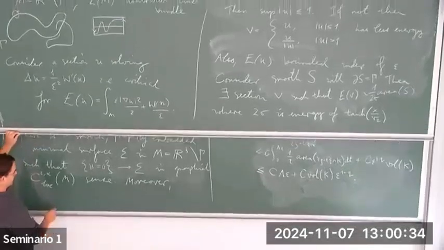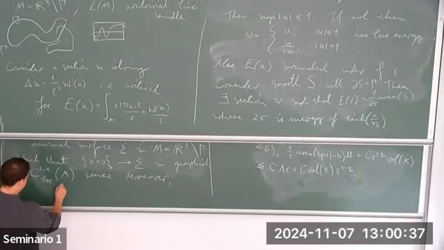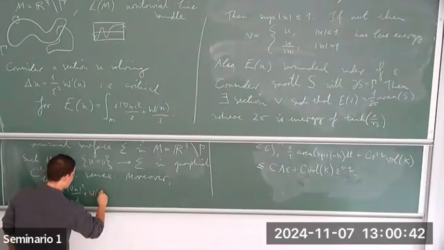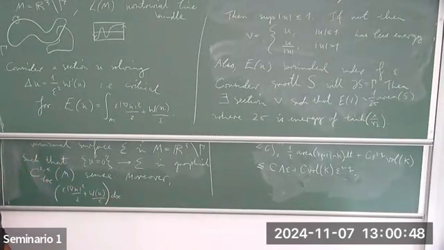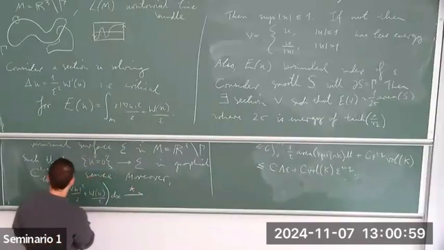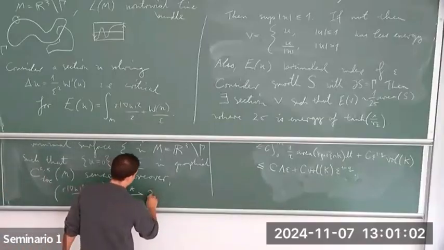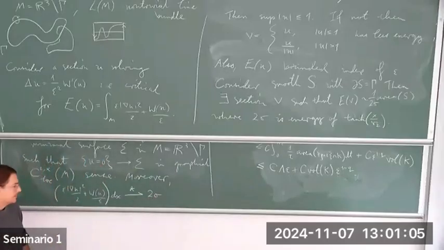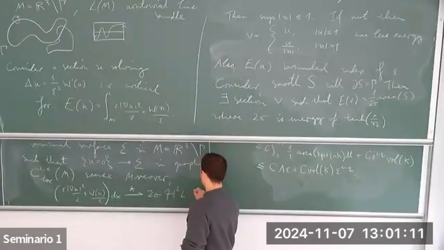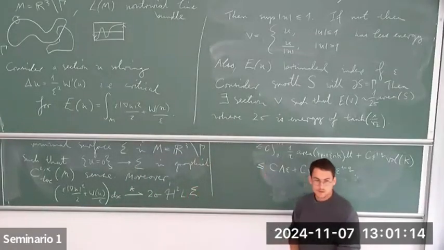Moreover, if I take the energy measure, which is just the density times the Euclidean volume measure, then this converges in the weak star sense, after normalization by the energy of the one-dimensional solution, to the two-dimensional Hausdorff measure restricted to sigma.